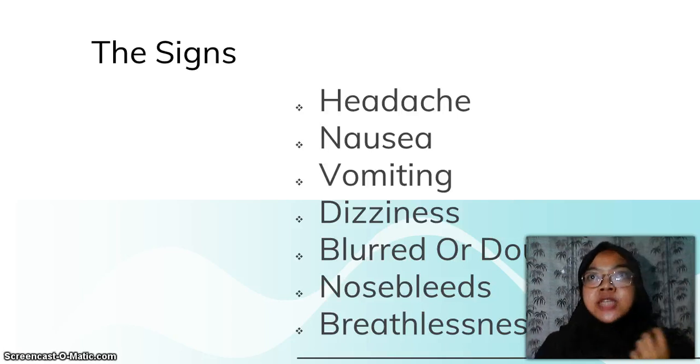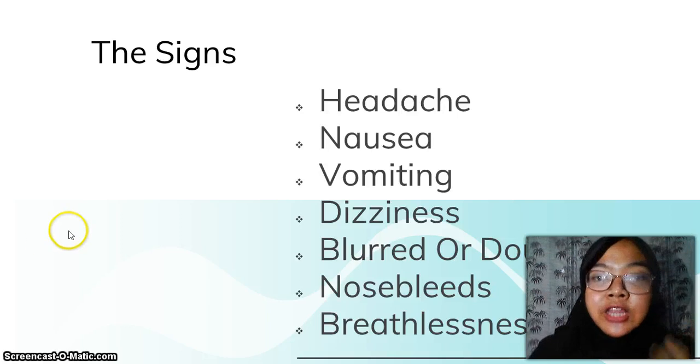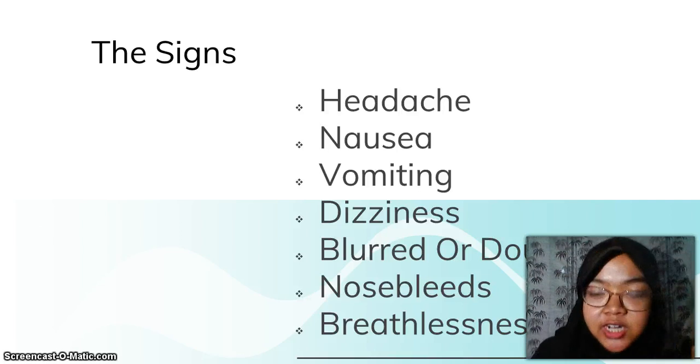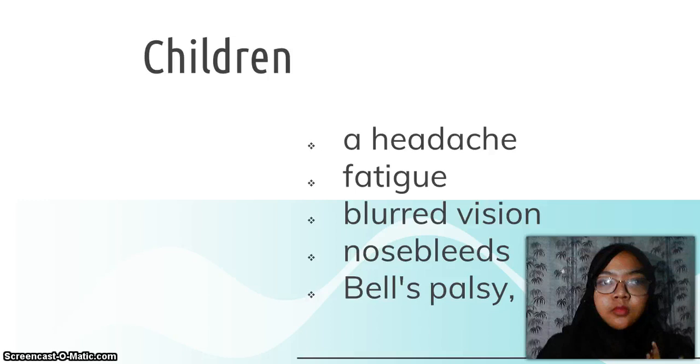At this stage, symptoms will show like this. The first is headache, nausea, vomiting, dizziness, blurred or double vision, nosebleeds, breathlessness. In children with high blood pressure, these are the signs.